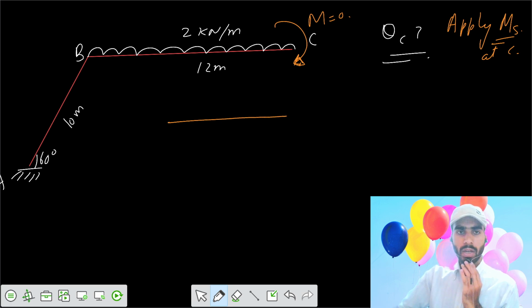Say you calculate it for the 12 meter. This was your m, and this was your UDL of 2 into 12.